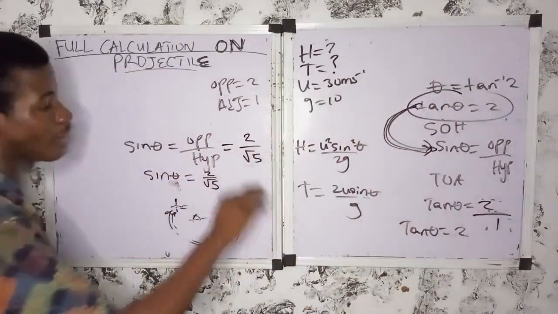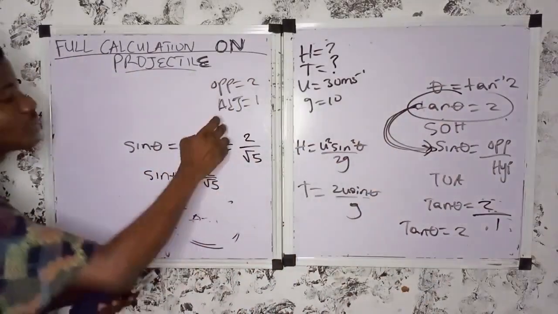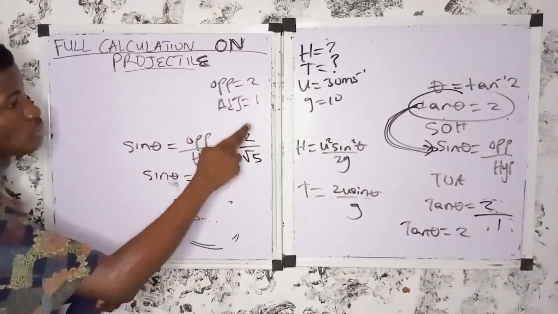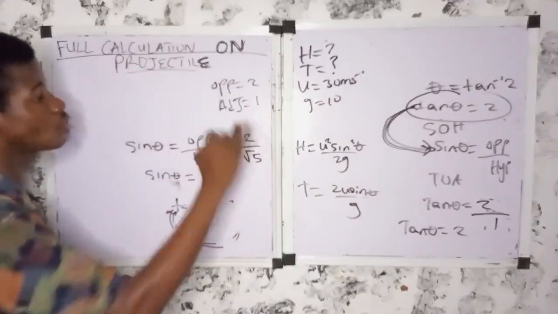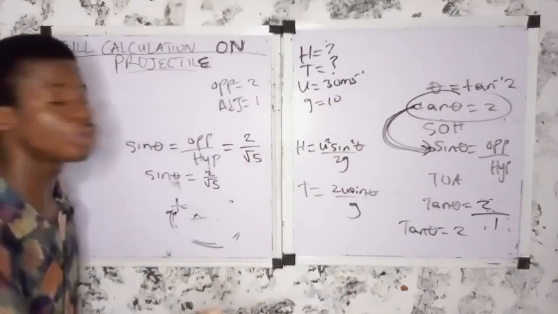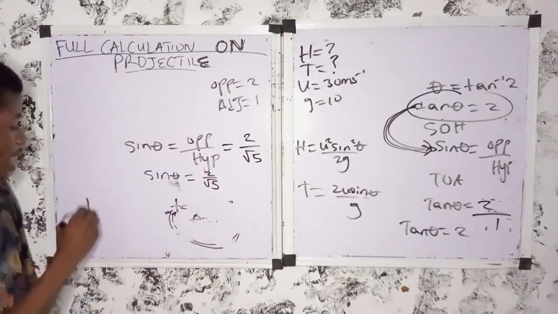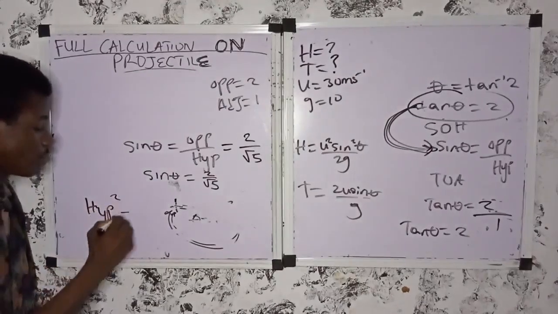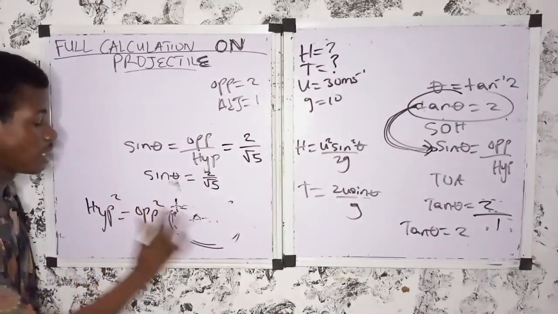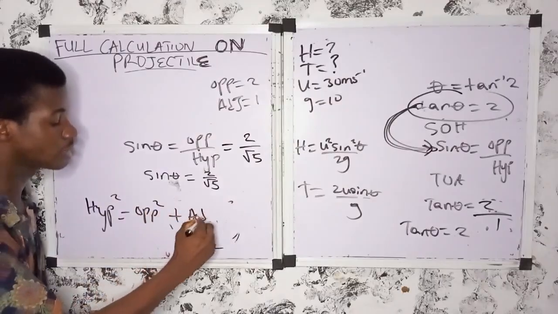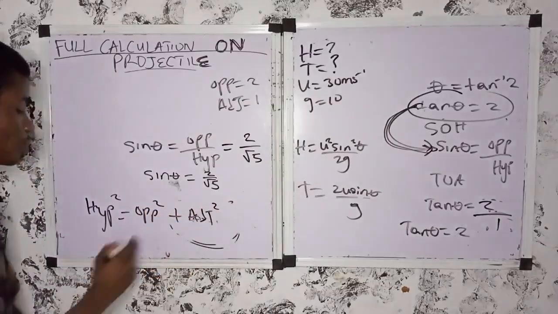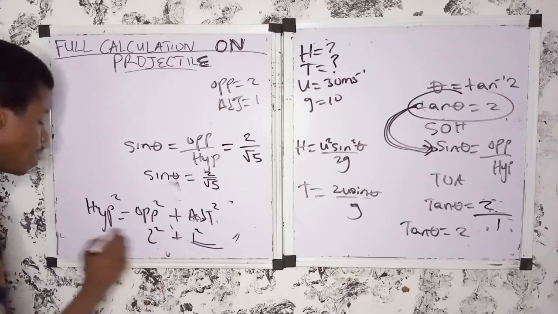Sin theta is equal to opposite over hypotenuse, right? We know that opposite is 2 and adjacent is 1, but we don't know the hypotenuse. So we use Pythagoras' theorem: hypotenuse squared equals opposite squared plus adjacent squared. So 2 squared plus 1 squared, then take the square root.